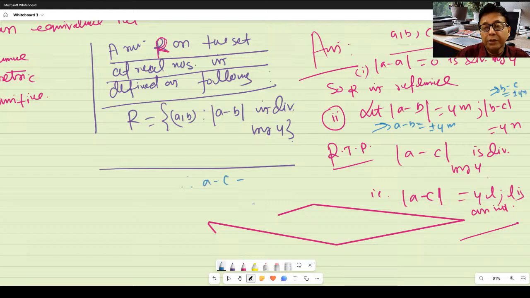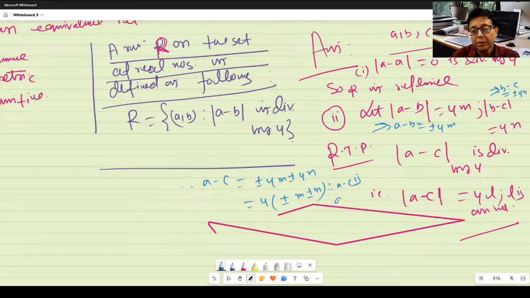Therefore, A minus C is divisible by 4. Answer. Clear? Understood? I hope you all have understood. Next session I will be discussing equivalence classes. Okay?